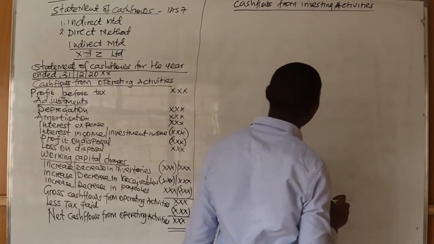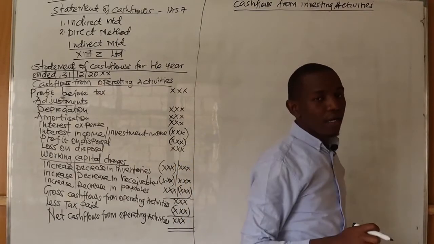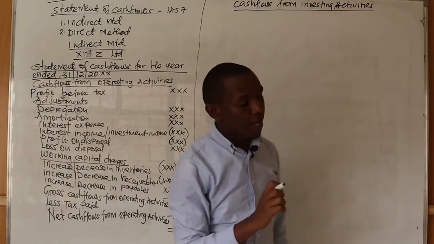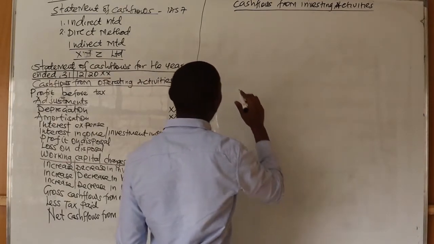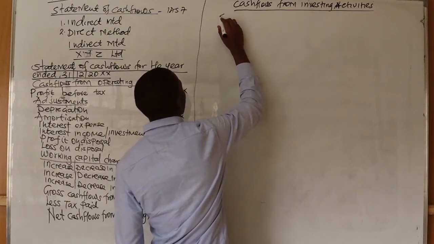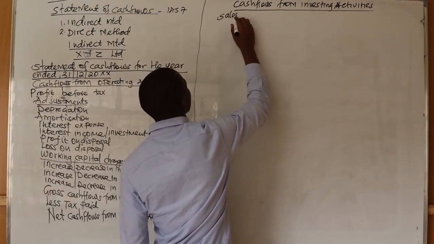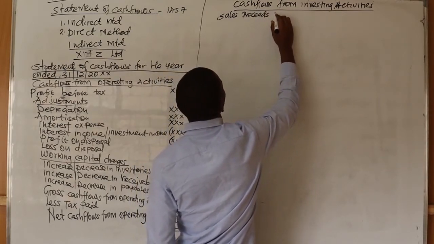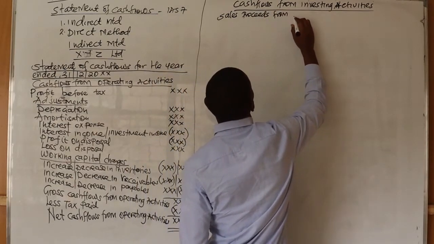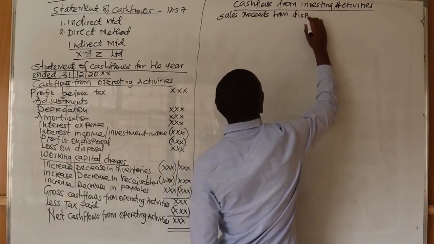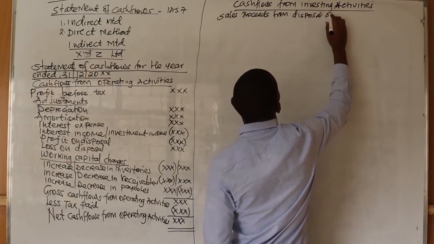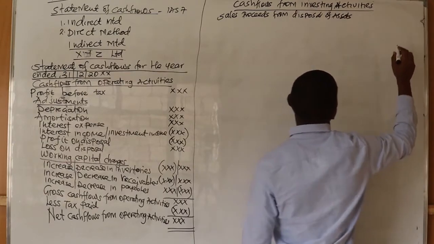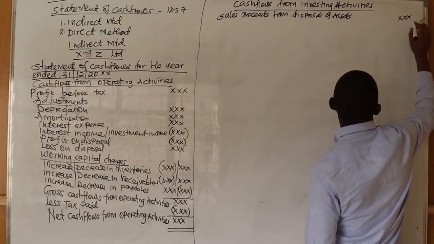Cash flows from investing activities, I've said that the one that deal with the capital expenditure. And in this case, we'll have the sales proceeds from disposal of assets. In that case, you will have the value there.